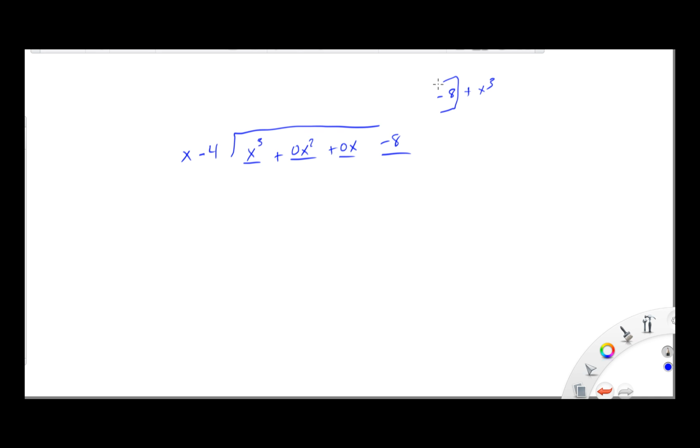If we have this minus 8, we have to fill in the missing terms, and it's always 0x. That doesn't mean that it's a 0, it's going to be multiplied by 0. It just means that we can continue to divide, because we have to get to this negative 8. So if you're missing terms, put them in as 0, and then divide out just like we normally did.